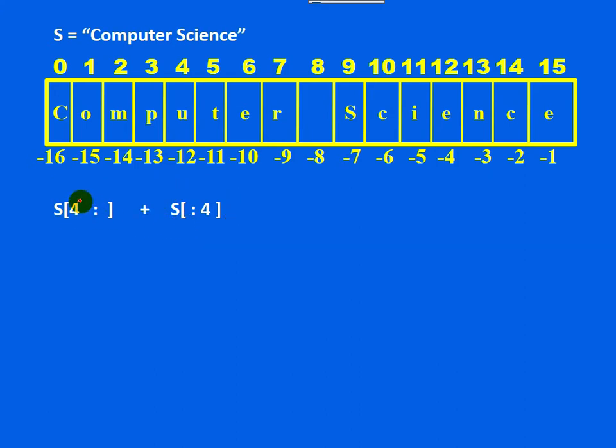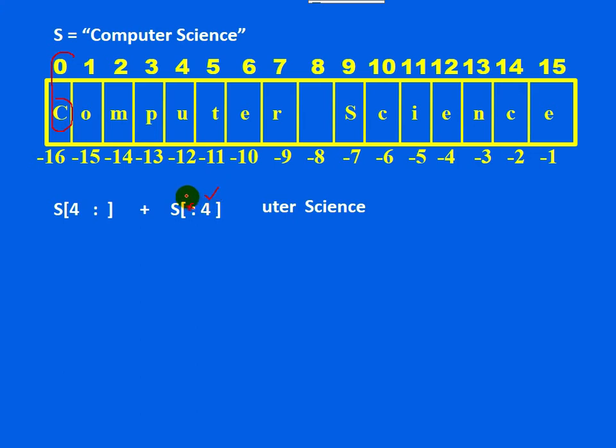Okay, so what about this one? All the characters starting with index 4 till the end, because the second index is missing. So you get this. Let me write it here. Now that should be concatenated with, and concatenation means place them together, this one. Here the first index is missing, so it is taken as index 0, and the second index is 4.